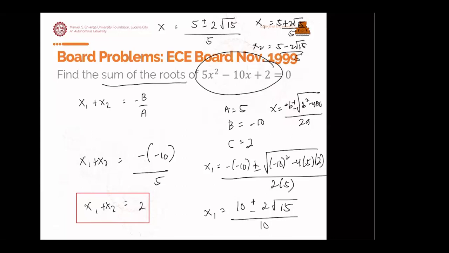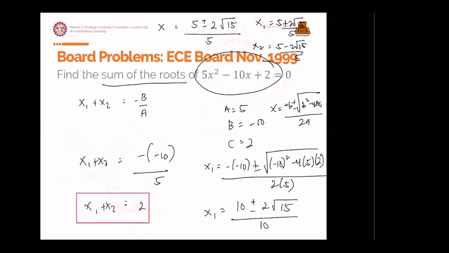Ngayon, para makuha yung sum niya, ipag-add nyo lang yung value niya. So, i-add mo yung x1 and x2. So, sa calcu, so we have 5 plus 2 square root of 15 all over 5 plus 5 minus 2 square root of 15 all over 5.